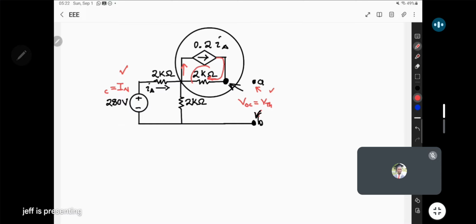So the voltage drop across the 2 kilo ohms can be calculated by multiplying the current that will pass through there, which is I delta, by the resistance there, which is 2000 ohms. So in the end, this will just be 400 I delta. Okay, so we have found the voltage drop across the 2 kilo ohm resistor down there.